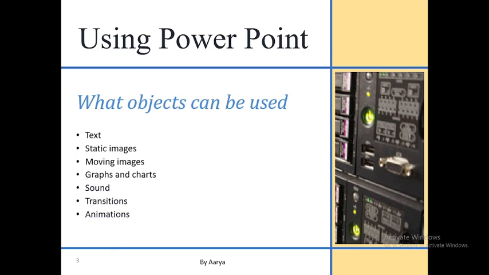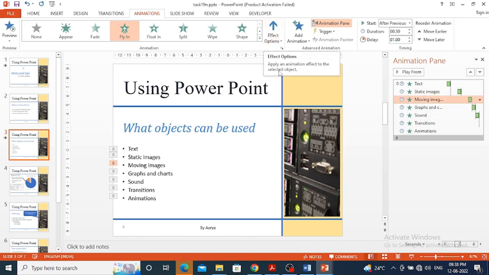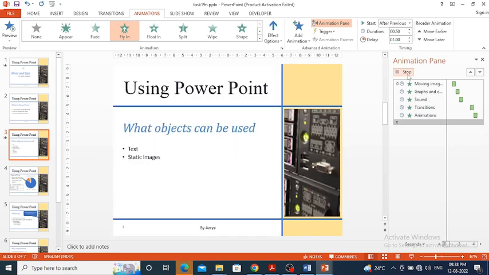Wherever we give delays, there we get time in between the two transitions or two animation effects. So after sound we have applied a delay of 1 second, after text we have applied a delay of 1 second, and after static images also we have applied a delay of 1 second.